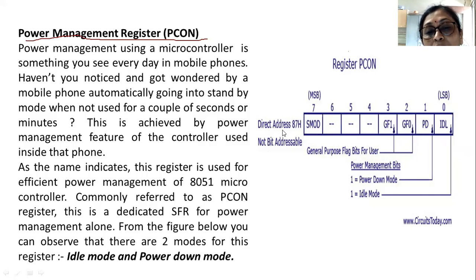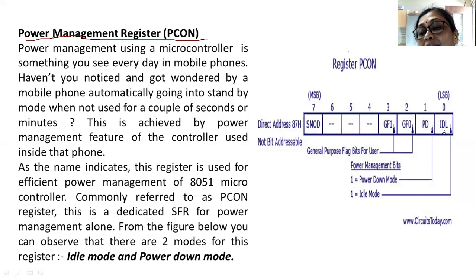Okay. So the direct address of the PCON register is 87H. The SMOD bit is not used for power control, but it is used for serial communication. The bits GF1 and GF0 are used as general purpose flag bits, so the programmer can use these two bits as flags.